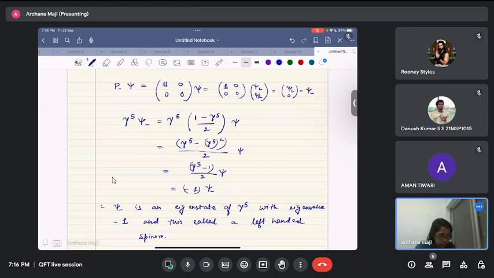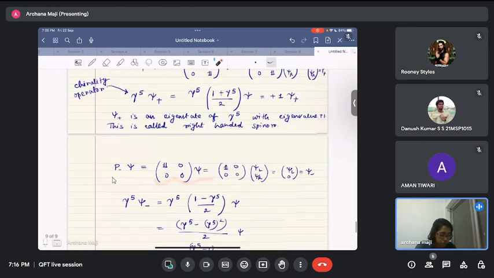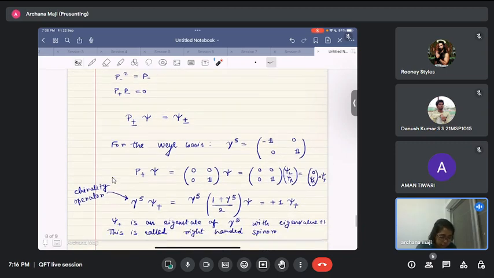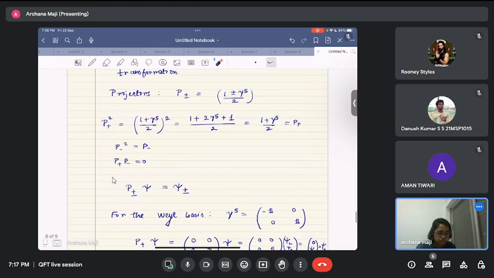Okay, so this is what we obtain for our choice of basis. Gamma 5 turns out to be minus 1, 0, 0, 1 for the choice of basis we have chosen, and in principle for an arbitrary choice of basis, this is how the left-handed and right-handed spinors are defined in terms of the chirality operator gamma 5. So this is 1 plus minus gamma 5 over 2 acting on psi.